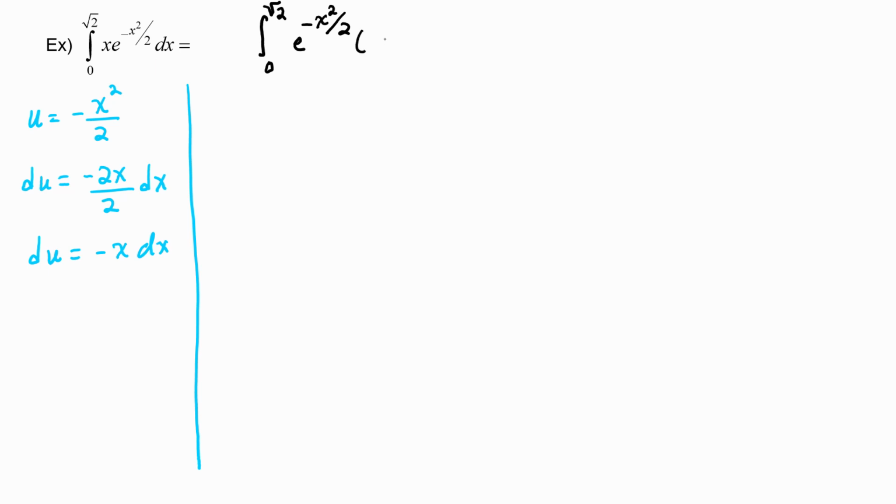So we're going to need to get in a constant there, and then we have x and dx. So far, all we've done is move things around. We put the e to the negative x squared over 2 first, followed by the x and the dx. Now we see that for our du, we need negative x dx, so we're going to multiply by negative 1 on the inside and by negative 1 on the outside.